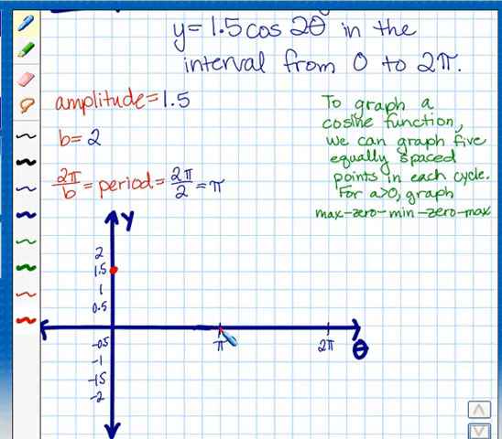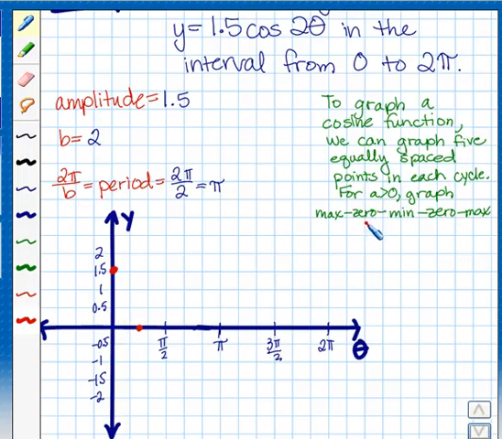Pi divided into 4 equal parts, well, pi divided by 4 would give us pi over 4. So let me label some other points. If this is pi, then this would be pi over 2, and this would be 3 pi over 2. So pi over 4 is going to be exactly halfway between 0 and pi over 2, so it'll be right here.